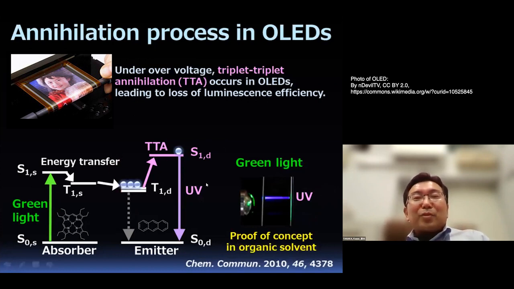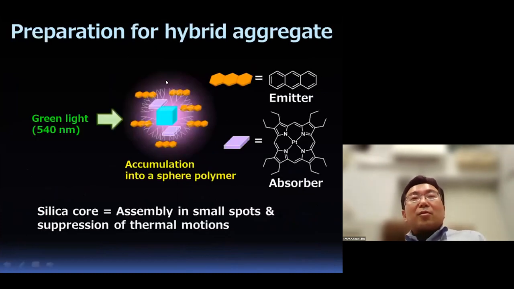And next, we aim to realize this TTA-based up conversion in biomimetic conditions. Based on the spheric polymeric material, we aim to realize the inside space of the organic light emitting diode.